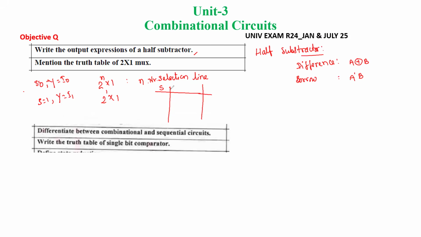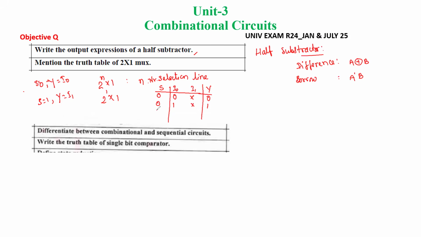If you want to see this in the form of a truth table, we can write it like this, with I0 and I1. Whenever the selection line is 0, if I0 is 0, then the output is also 0. If I0 is 1, the output is also 1, and I1 is don't care.